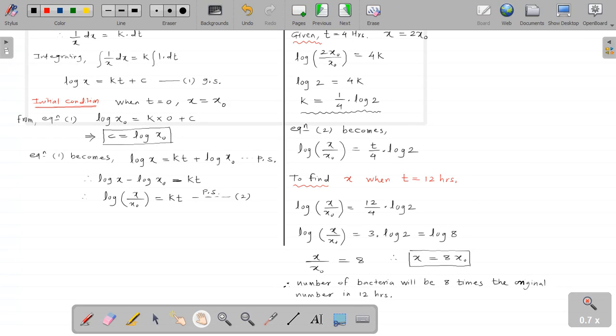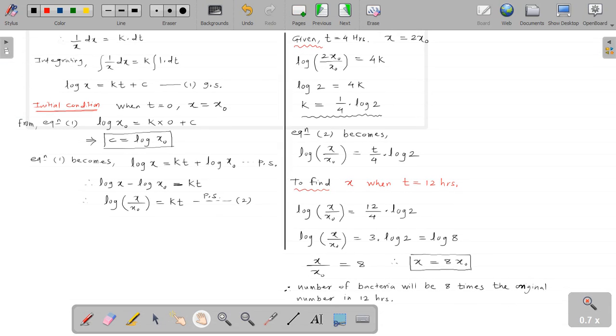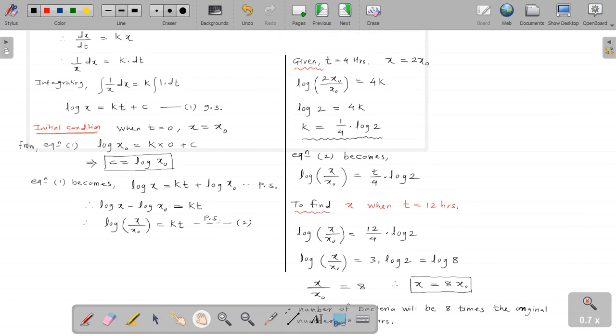So this is the typical format of all these types of questions related to applications of differential equations: initial condition, then given condition, and then what to find out. Remember these three important steps. Okay, thank you.